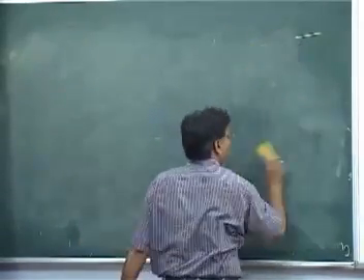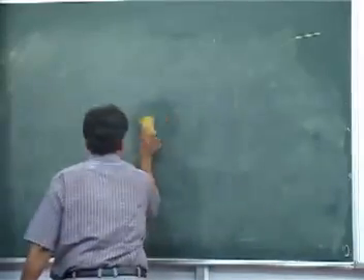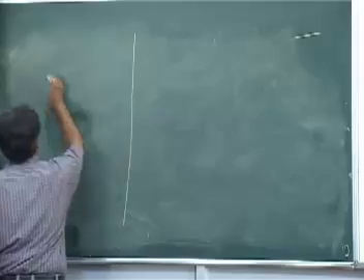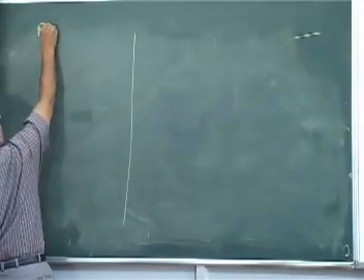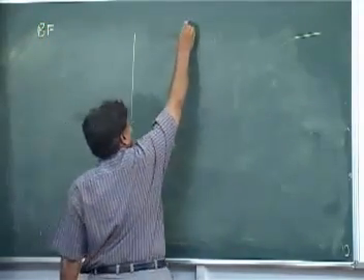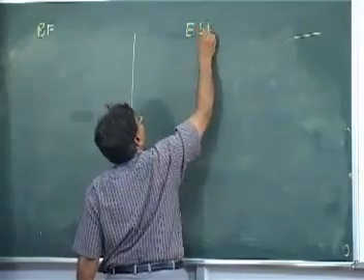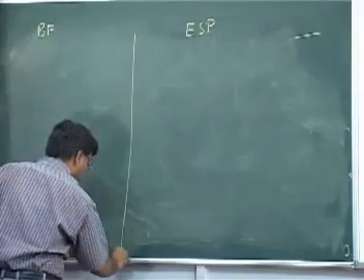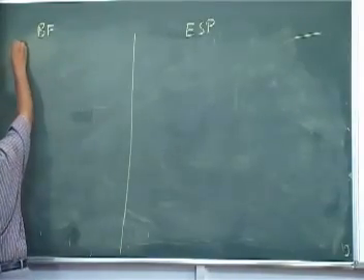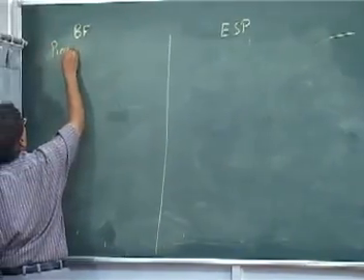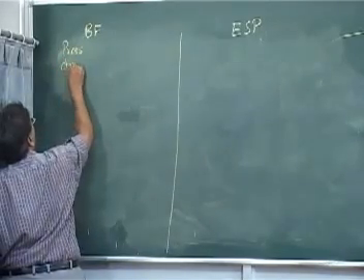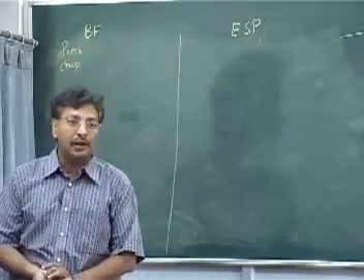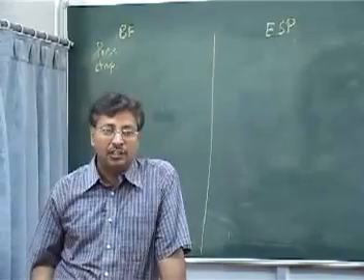Very quickly, let's do some comparison: bag filter and ESP. Let's talk about the most important thing which we always talk about, the pressure drop. Now somebody tell me, where is the more pressure drop, in the bag filters or in the ESPs?